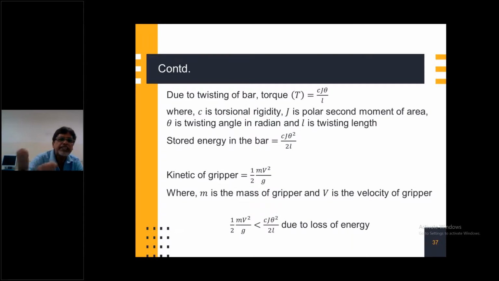So these are the energy equations for the thinking mechanism of this beautiful machine. And I'm telling you, this is one of the finest machines designed and one of the most successful commercial machines. But when we calculate the energy conversion of this particular machine, we will be astonished that out of the total stored energy, only 14 to 15% of the energy which is stored is used by the gripper, and the rest of the energy is dissipated as lost energy.